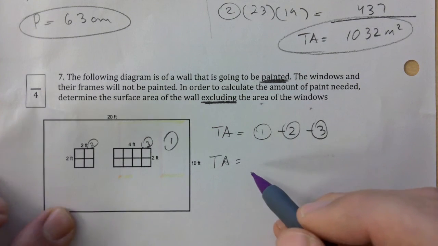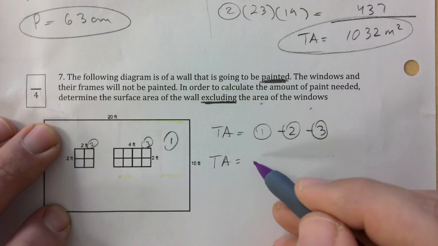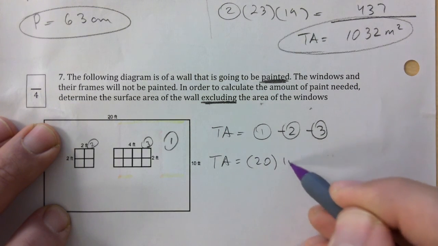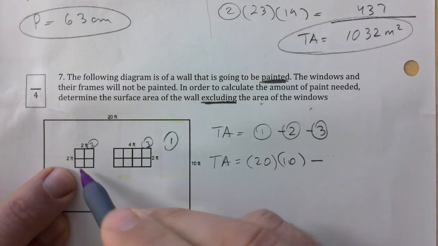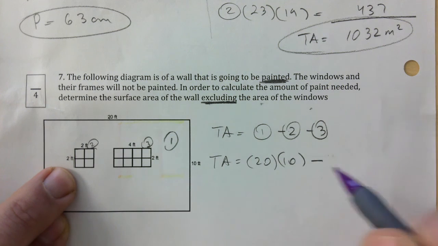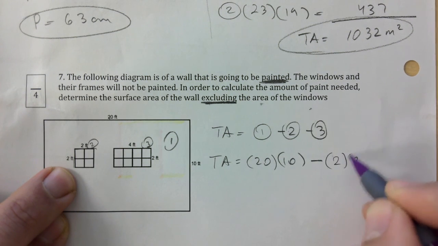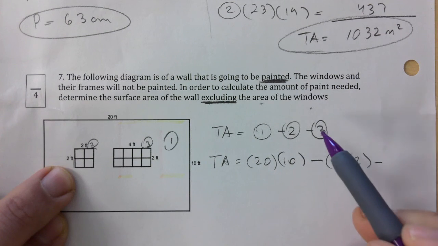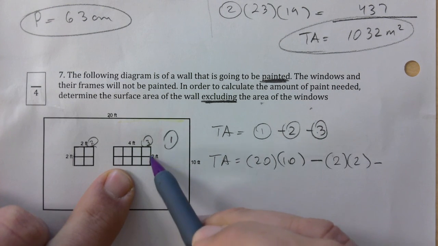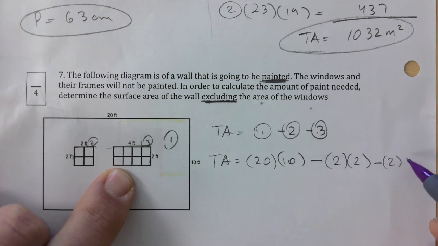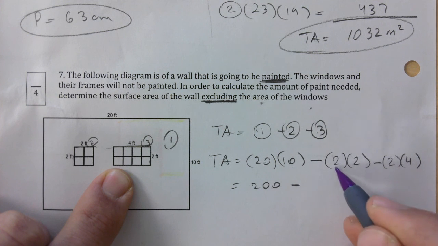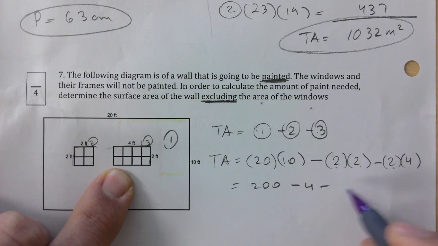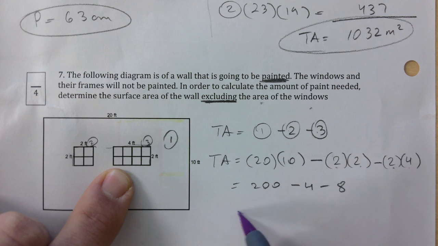I think we can do this in one shot, right? So 20 times 10 would be the area of 1 minus the area of the second one is just a 2 by 2. Just doing it all in one shot. The area of the third one would be 2 times 4. So 10 times 20 would be 200 minus 2 times 2 is 4 minus 2 times 4 is 8.